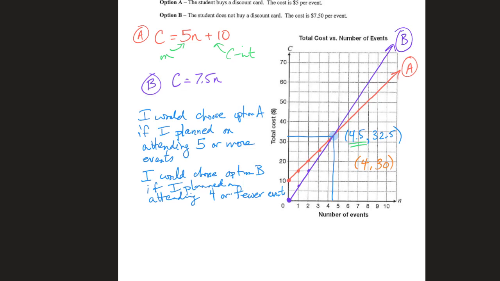Then you would tell me that your answer to the first one, I would choose option A if you planned on attending more than 4 events. Your answer in the second option, you would choose option B if you planned on attending less or fewer than 4 events.